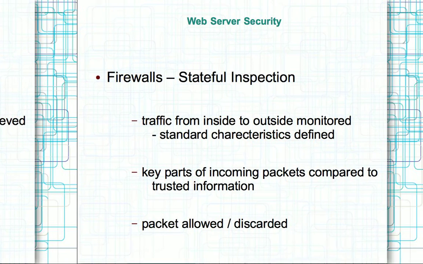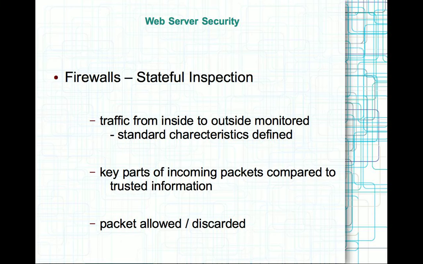We now move to stateful inspection. First, how does it work? Traffic from inside, from the internal network to the external network is monitored, and based on this monitored traffic, standard characteristics are defined. That is the first step.